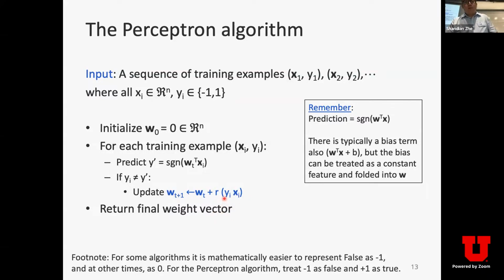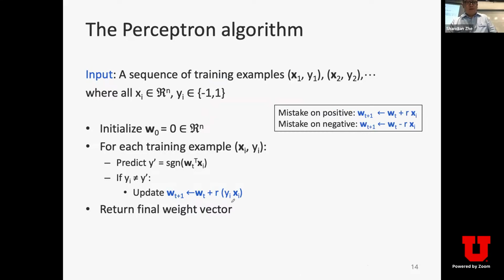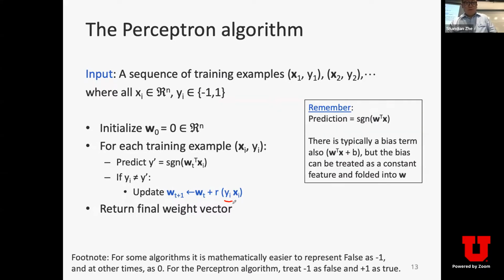But here there's a simple transformation. If yi can only take 0 and 1, we can replace yi here by 2yi - 1. Let me write it down to be more clear, because this is a very important trick. So when yi can only take 0 and 1, we change the update rule by replacing yi by 2yi minus 1.